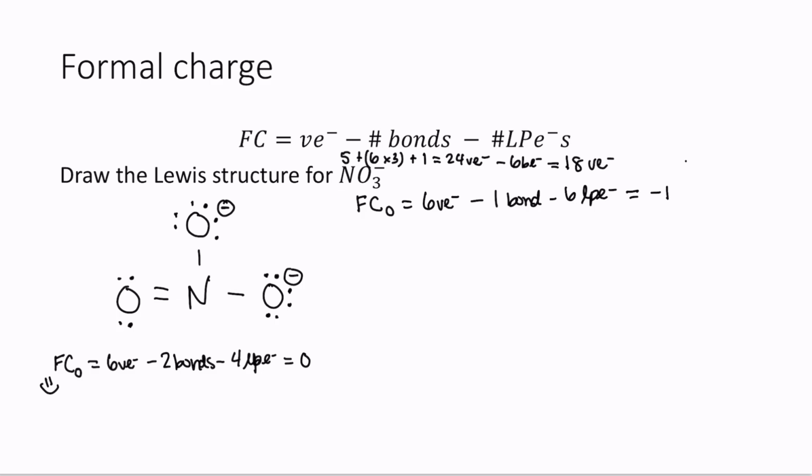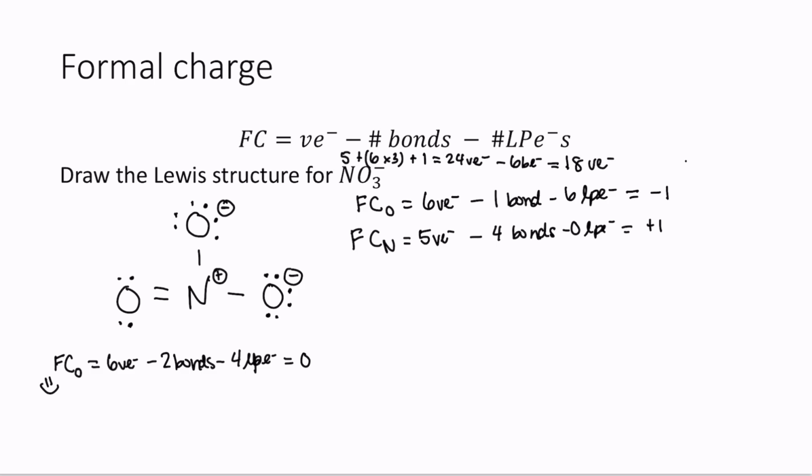Finally, let's look at the formal charge of nitrogen. Nitrogen has 5 valence electrons, and we have 4 bonds in this structure, and we have 0 lone pair electrons. So the formal charge on nitrogen is going to be +1. So I'm going to draw a plus and circle it for the formal charge.